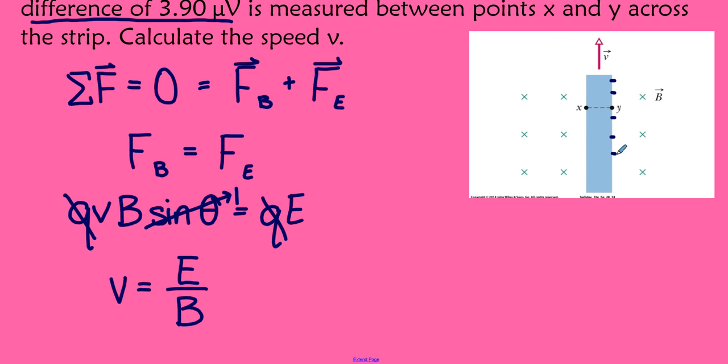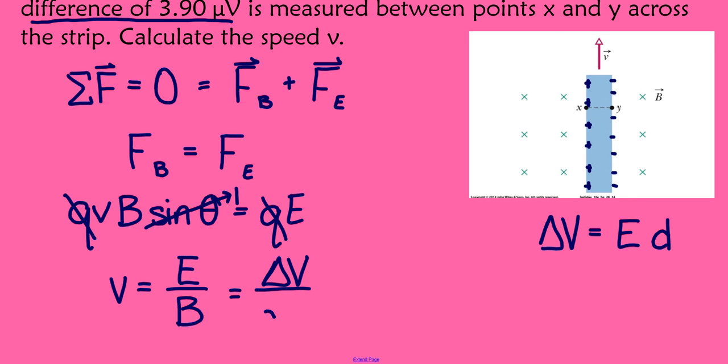I have negative charges on the right-hand side here, which inherently makes my left-hand side positive because those negative charges had to come from somewhere. So I know that this potential difference comes from a relatively constant electric field. So just as we did before, the potential difference between the two sides can be expressed as that electric field times the distance between those two sides, which I'm going to call d. And so for E in my equation here, I can plug in potential difference divided by d.